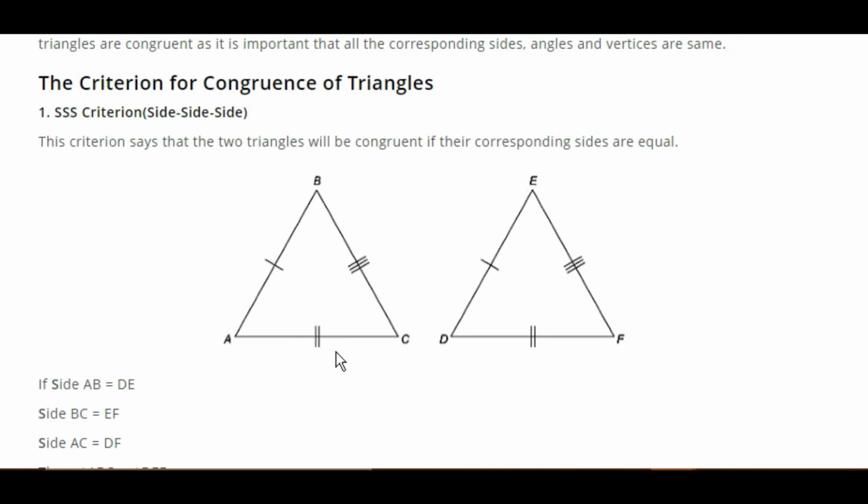One of the criteria is side, side, side. If the corresponding sides of one triangle are equal to the corresponding sides of another triangle, then the triangles are congruent. Here, if AB equals DE, AC equals DF, and BC equals EF, then these two triangles are congruent.